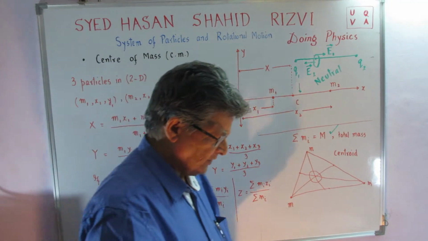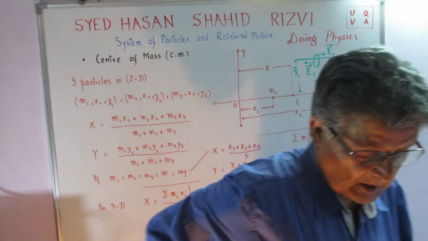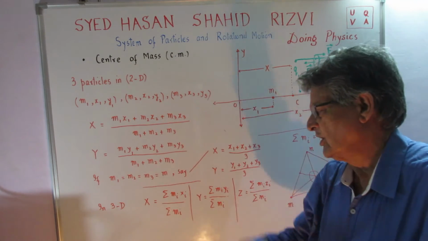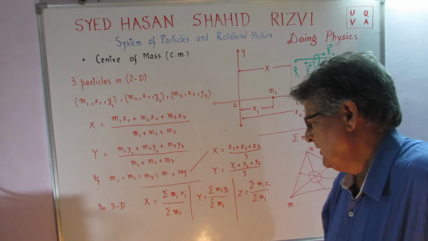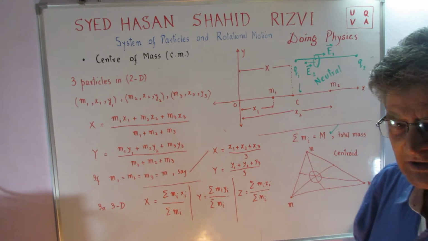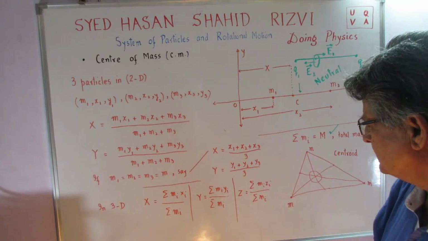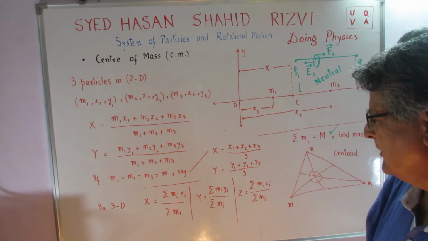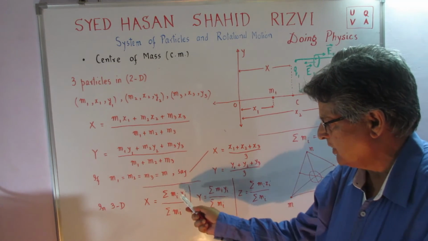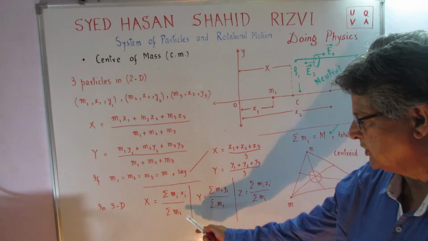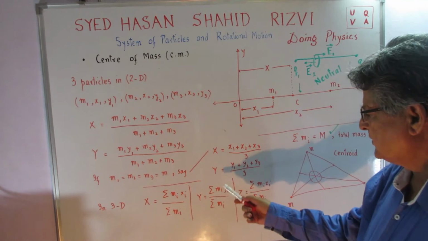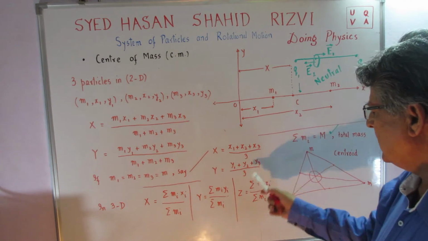So this is easy to show, easy to understand, but we must remember, if we have a 3-dimensional space, we have m1, m2, m3, m4 like that up to mn. Then we find that the x coordinate is equal to the summation of mixi divided by the summation of mi, where i varies from 1 to n, y similarly like this, and z similarly like this.